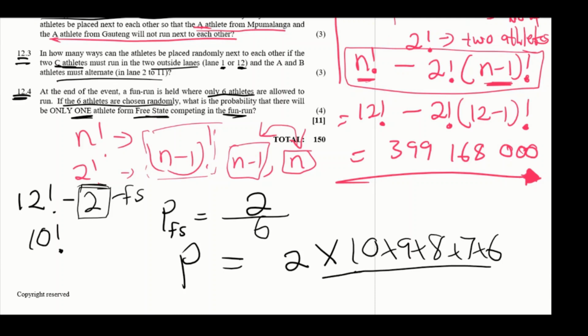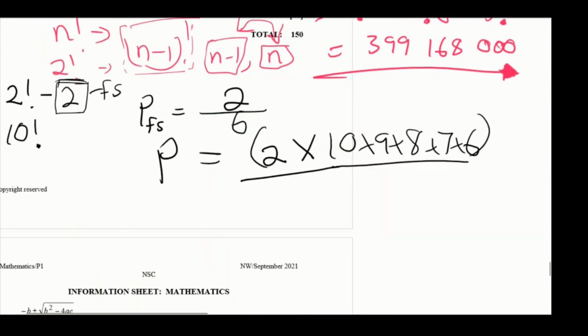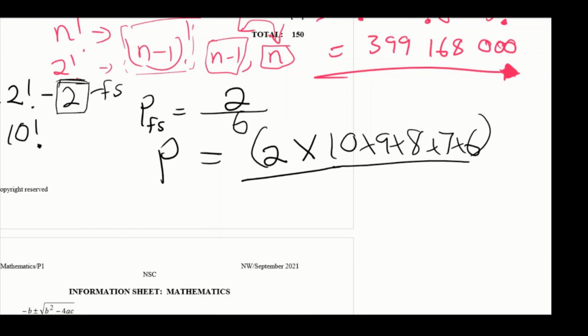So we're going to divide that. But before we divide, we have to multiply by the total number of athletes that are chosen, which is 6, right? Then we divide by the total factorial, which is 12, right? But this 12 is going to end at 6 contestants.